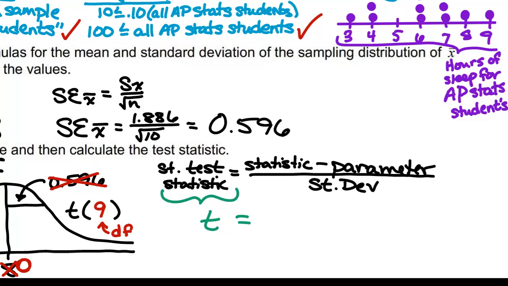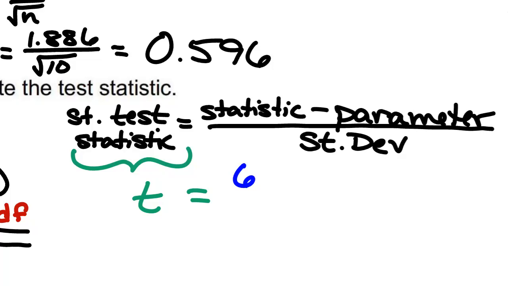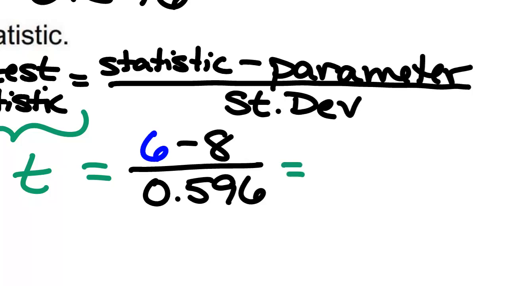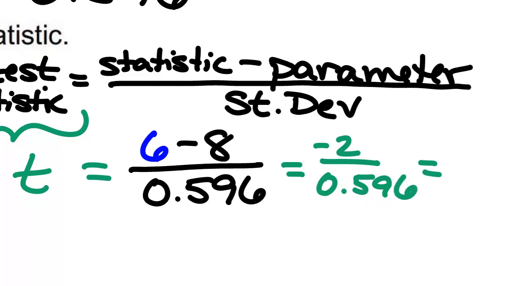What was our statistic? 6 minus the parameter, 8, over the standard deviation, 0.596. The sample standard deviation? Yeah, because that's all we have to work with. That's the only standard deviation that we have, and that's why we have to use a t statistic instead of a z. So I've got -2 over 0.596, which comes out to be what?